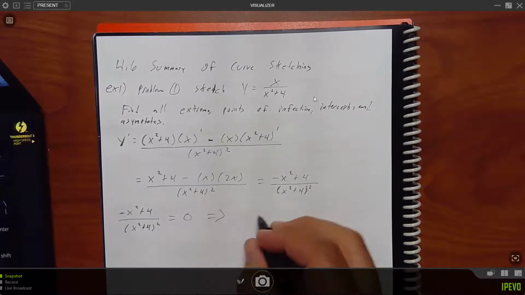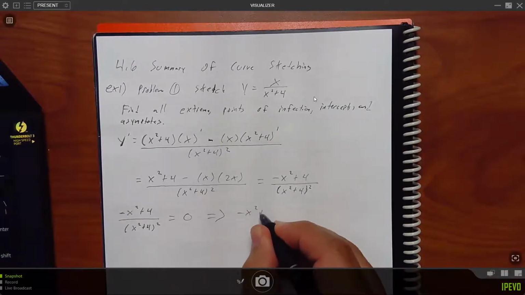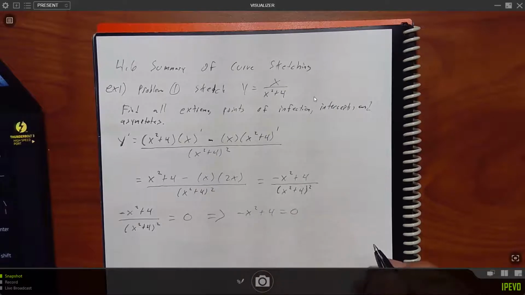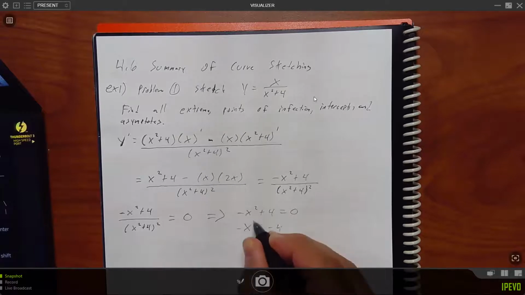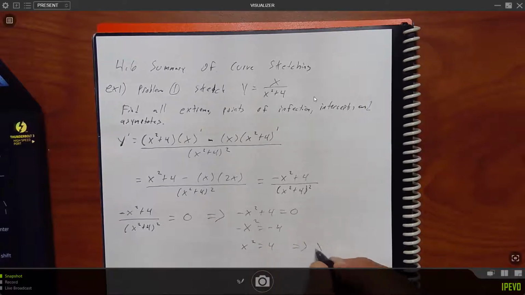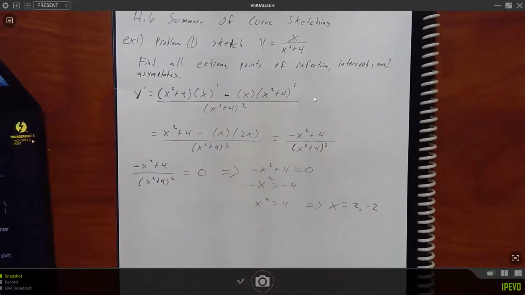But this will only be 0 when this top part is equal to 0, which means you can just solve for this. So that implies that x is equal to 2 and negative 2 when you square root both sides, right?